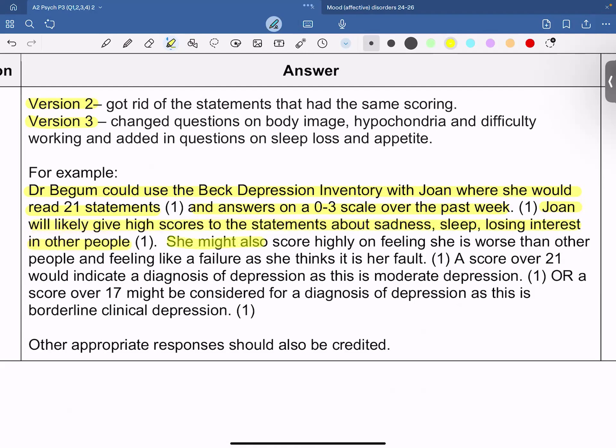She might also score highly on feeling she is worse than other people, and feeling like a failure as she thinks it is her fault. A score of over 21 would indicate a diagnosis of depression, as this is moderate depression, or a score over 17 might be considered for a diagnosis of depression, as this is borderline clinical depression.